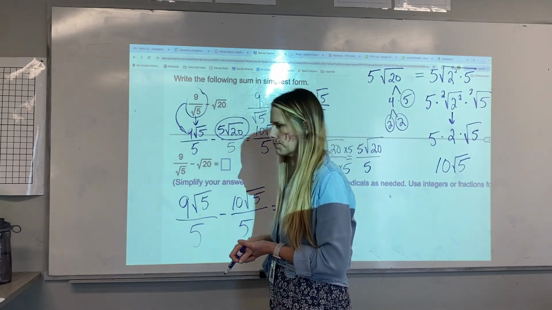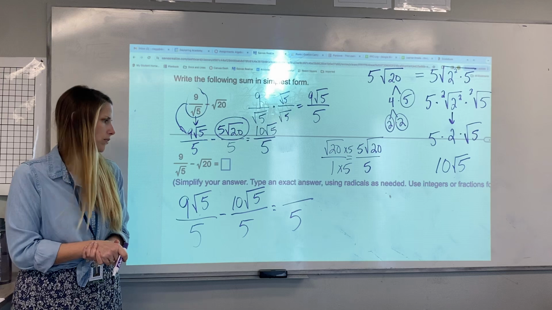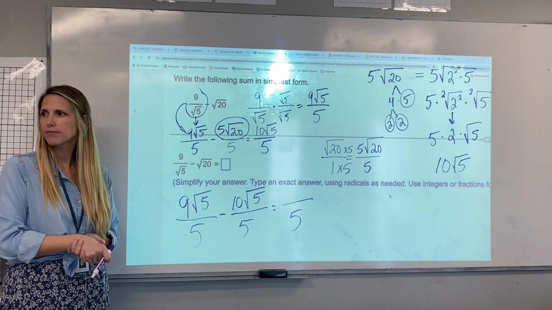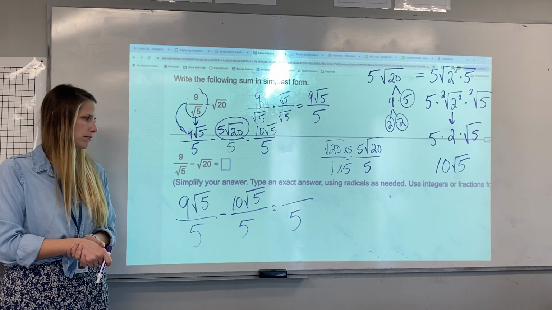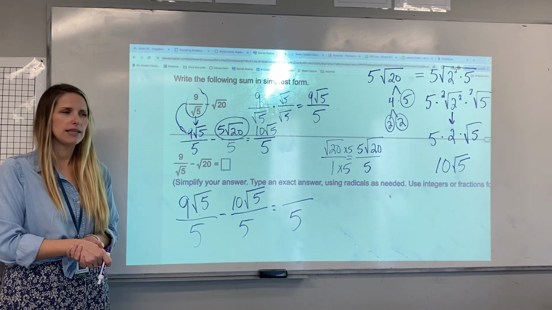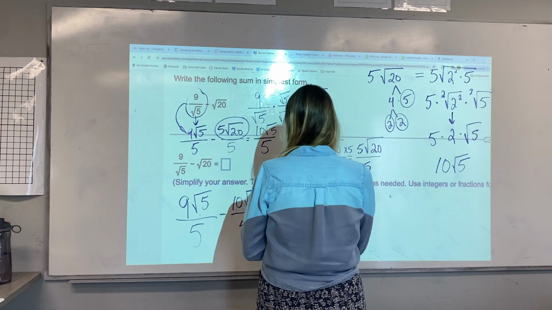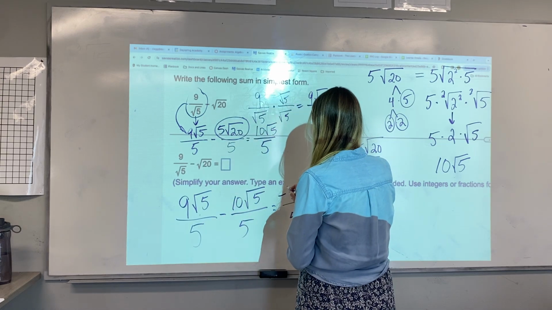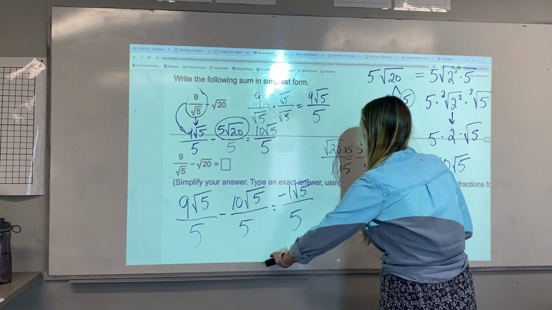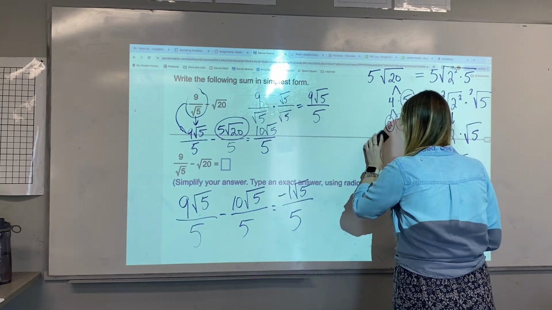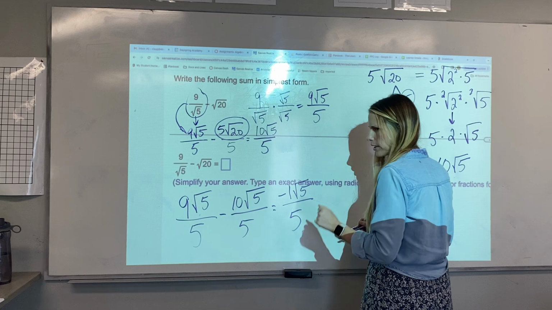What do we do? Subtract what? Yep. What do we get? Nope. -1. So we have -1 times radical 5 over 5. Now, if you put it exactly like that into, I'm actually curious, I'm gonna write that.